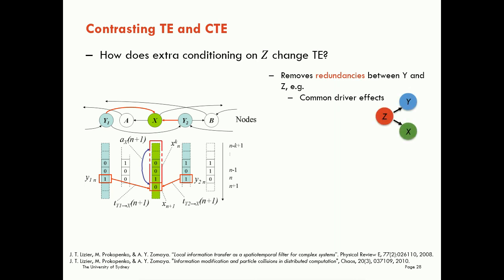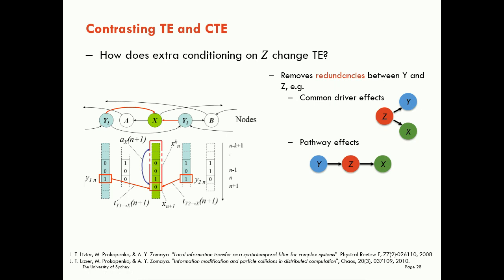This can include common driver effects. Here, for example, if we looked at it, we may see a transfer between Y and X if we just look pairwise, but if we look conditionally on some common driver, we may no longer see a driving effect from Y to X. So that would be the removal of redundancy between Y and the common driver Z.